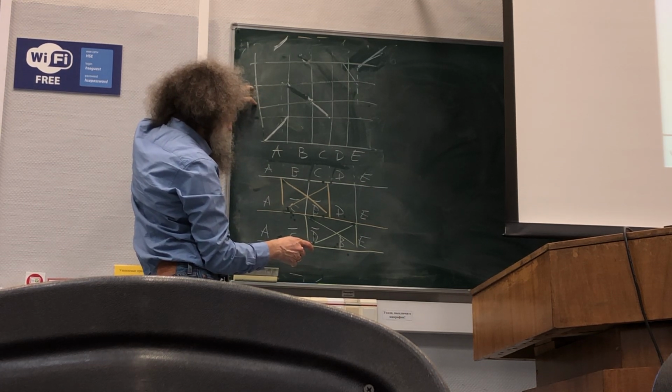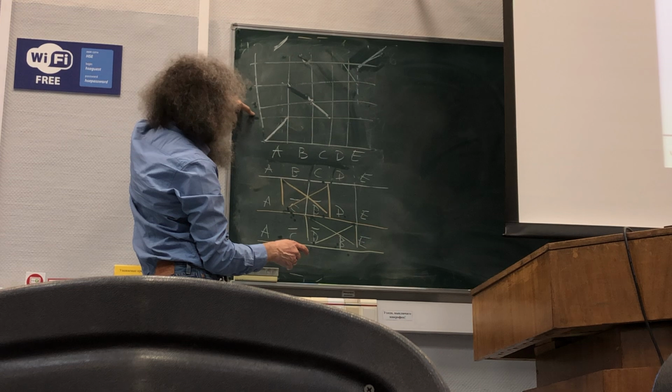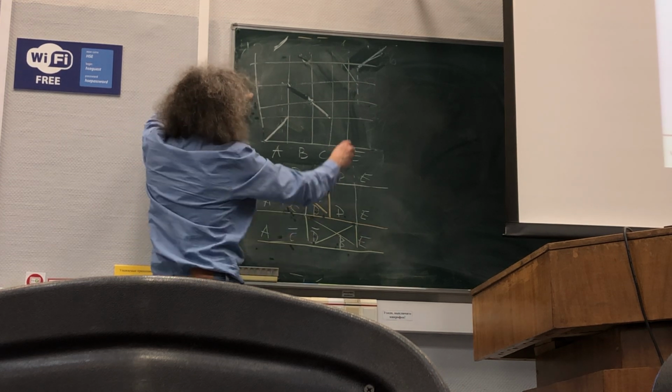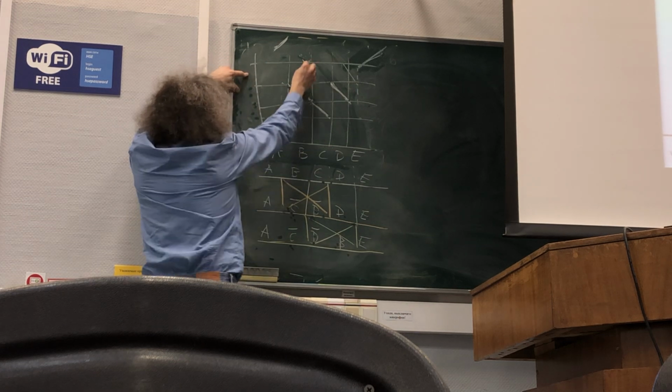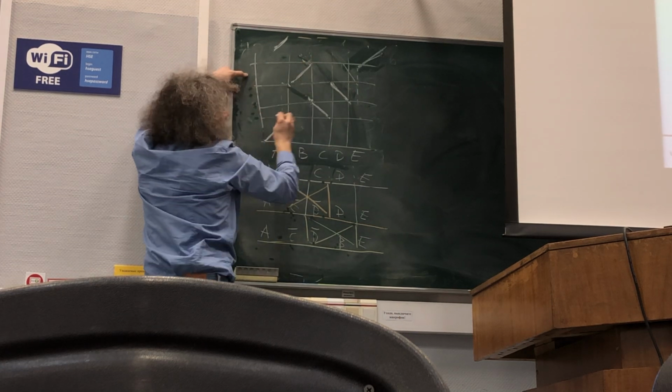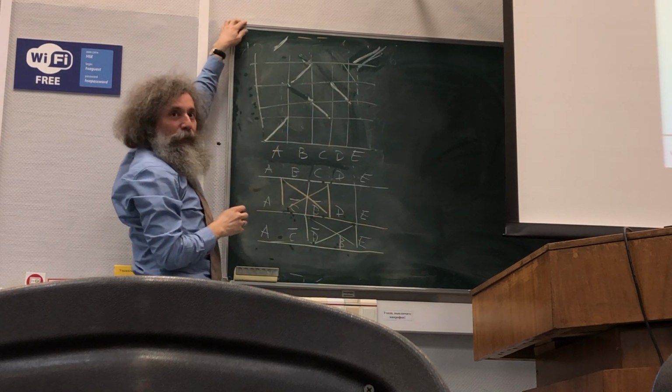What would that be? No, I'm not doing something terribly wrong. This is inverted C. This is inverted D. This is B. And this is E. So this is how it would look.